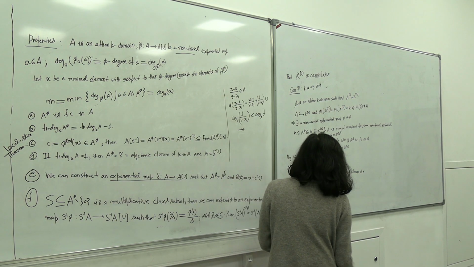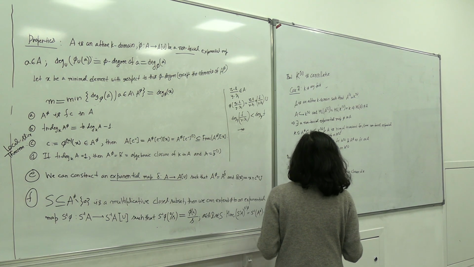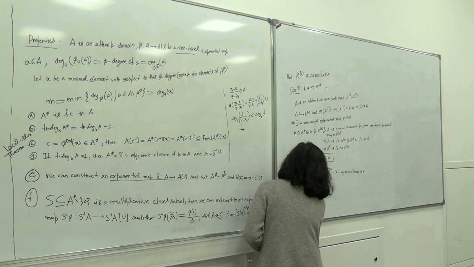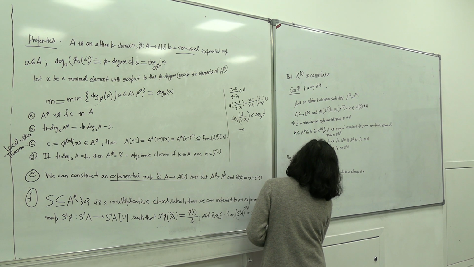It will again follow the same trick and we will again arrive. Let me just write the steps. So for step 1, we will consider this exponential map.